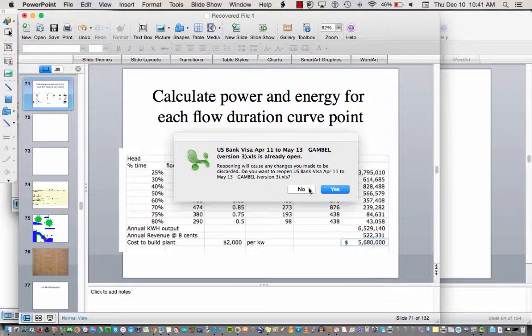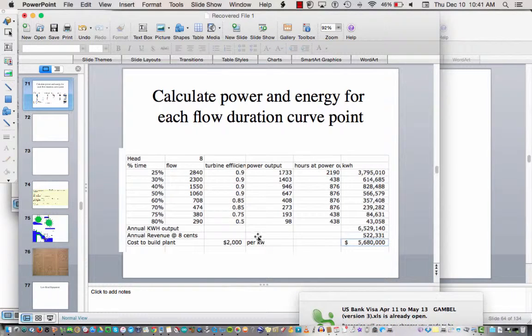So, if we multiply 1733 times 2,000, well, 1,700 times 2,000 would be 3,400,000. It's going to be around $3.5 million rather than 5.6 because I made a mistake here.